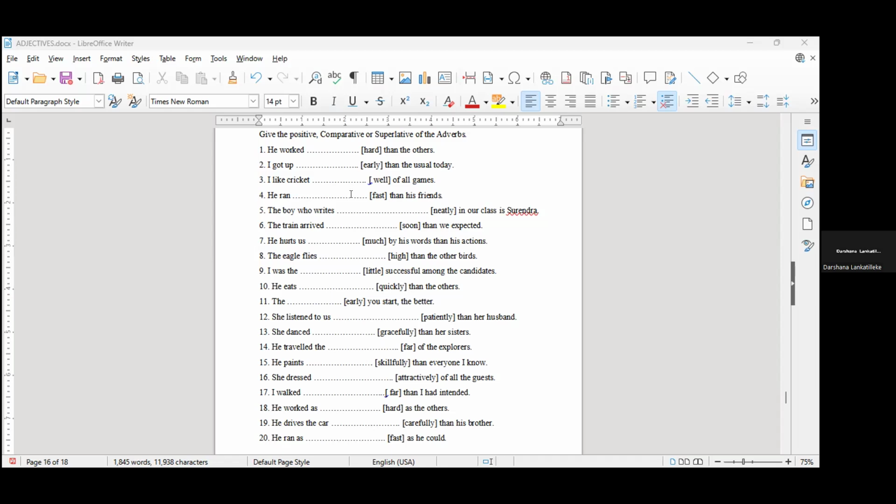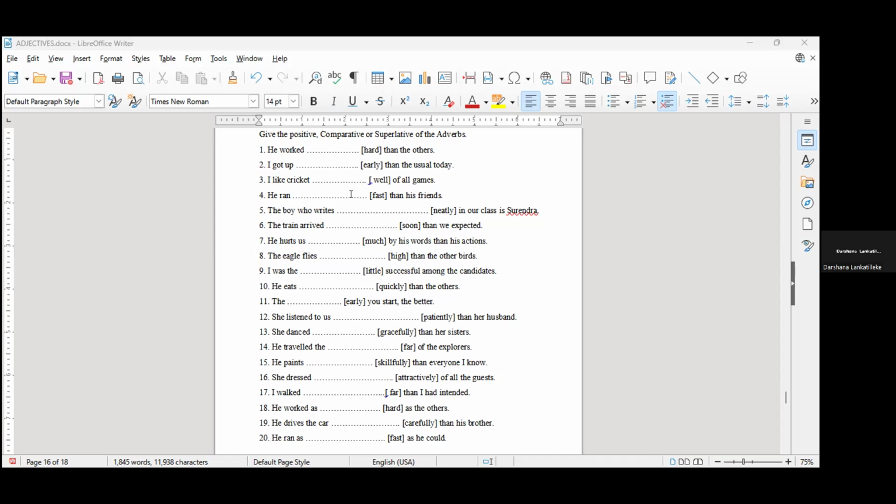He hurts us more by his words than his actions. Correct. Then number 8: the eagle flies than the other birds. The eagle flies higher than the other birds.